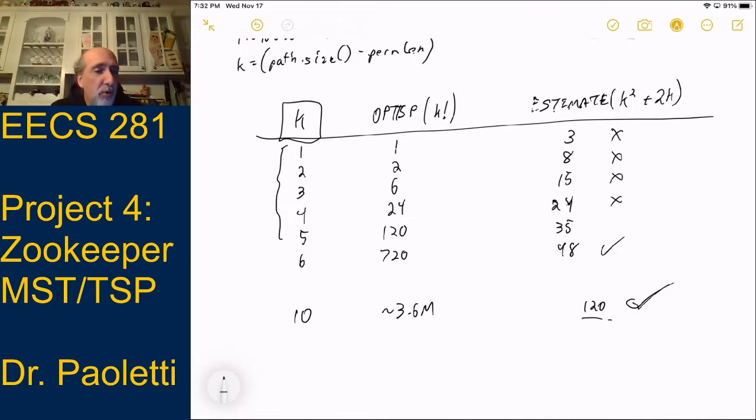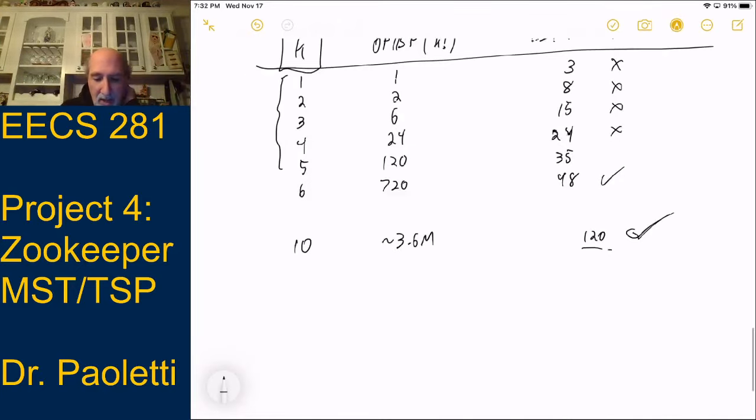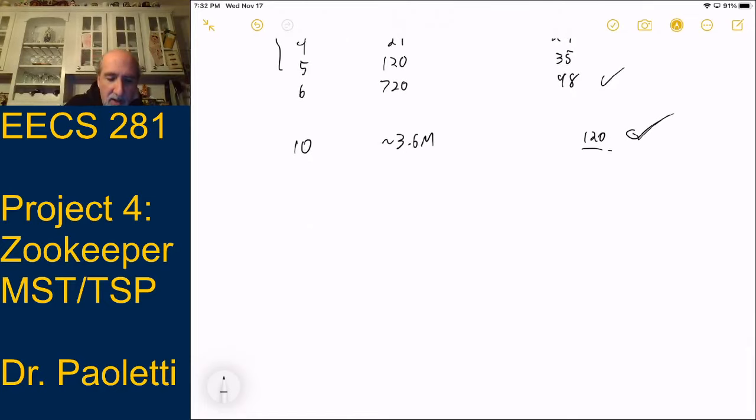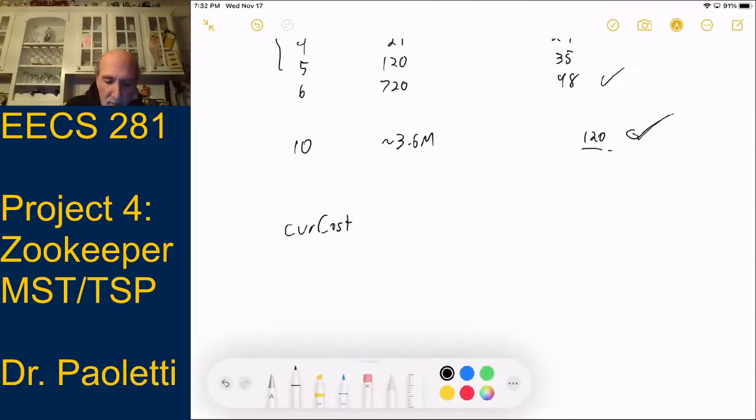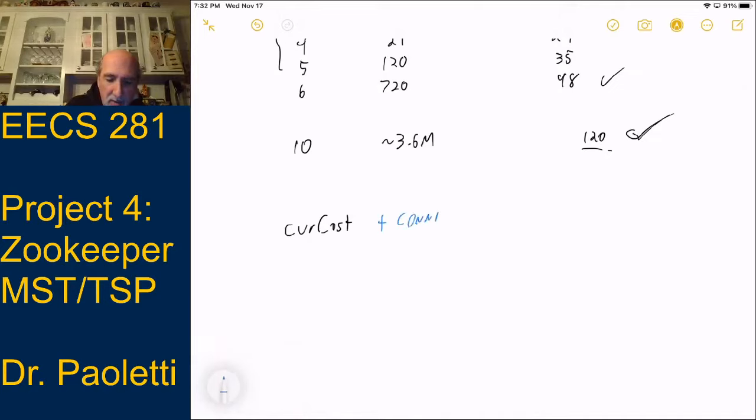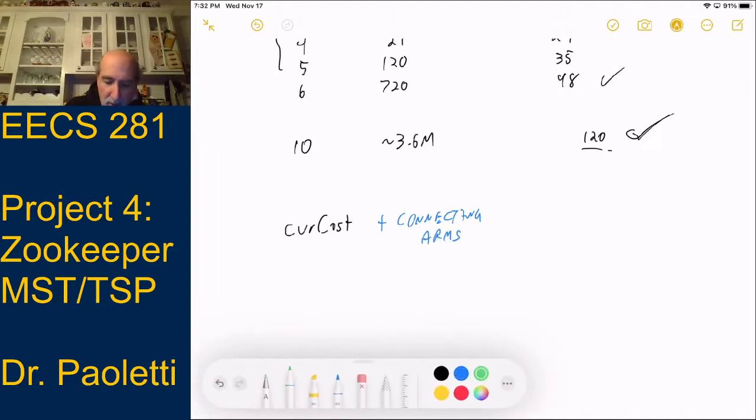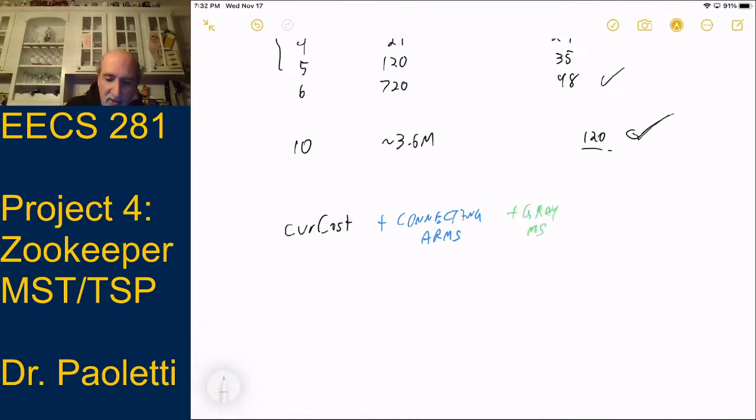Now, if your pruning is going wrong, remember the pruning is based on the estimate. So we've got to say, hey, what's my current cost? That's the black part, plus the connecting edges, that's the blue part. That's the connecting arms, plus the gray part, which is the MST.